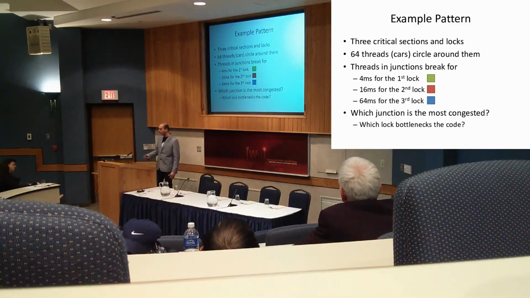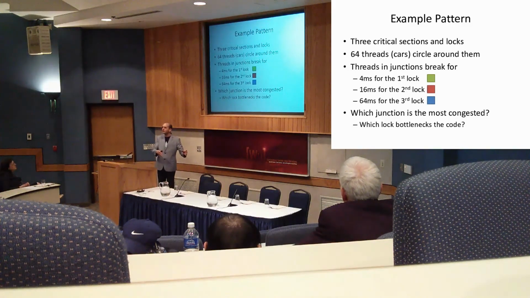The first block, the green one, blocks threads for 4 milliseconds. The second one, the red, blocks them for 16. The third one, the blue, blocks them for 64. So in that case, we need to find out which junction is the most congested. I mean, we're expecting all the cars to be accumulated in one of the 3 places. So which is the lock that bottlenecks the code?